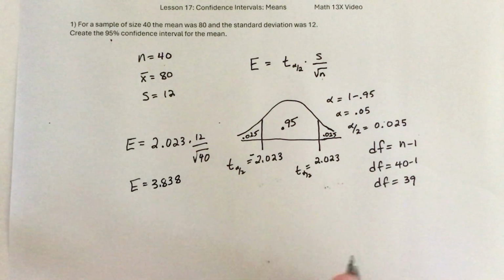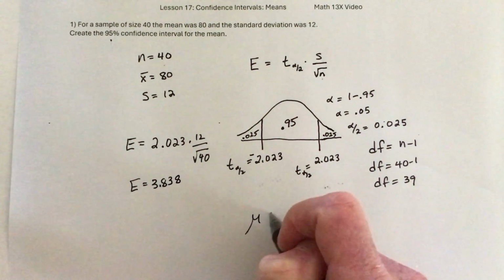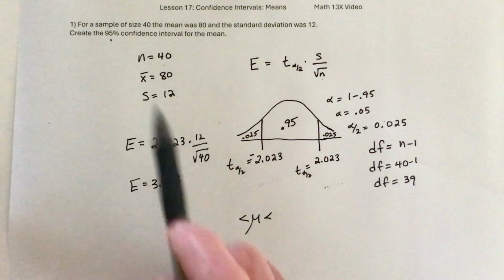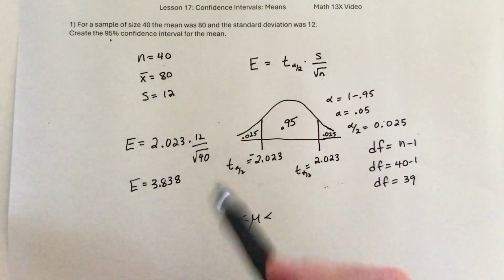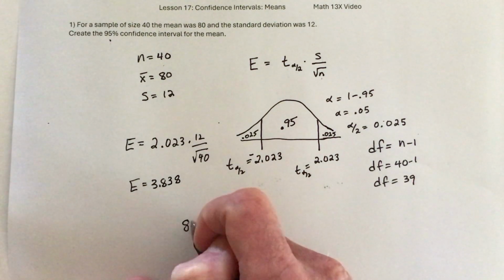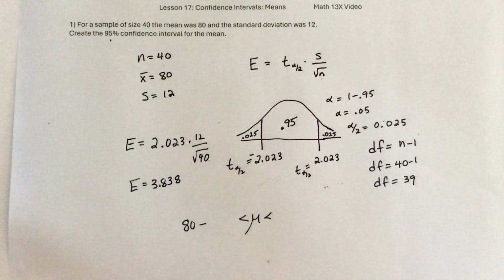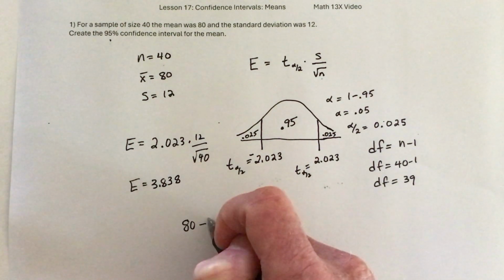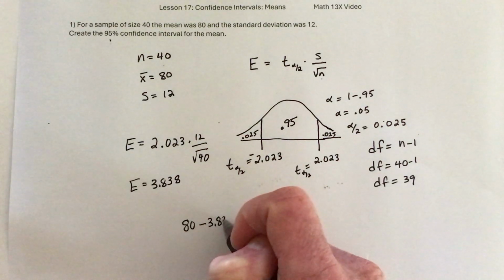And then to make the interval, so the mean is going to be between, so now take whatever the x bar is, 80, and on the left, subtract the error, 3.838.